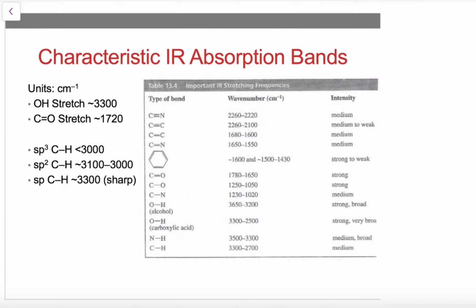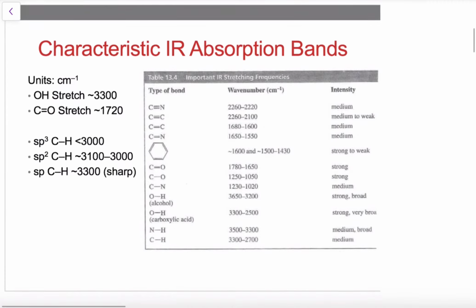On the IR spectrum, there are characteristic absorption bands or stretching frequencies. This table here shows you some of those frequencies. So this will let you identify the peaks on the IR spectrum based on the type of bond that's formed.